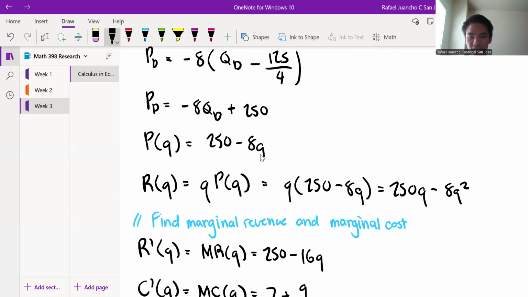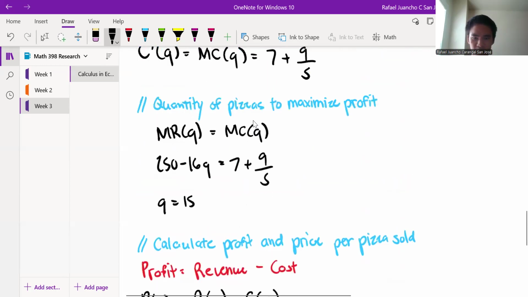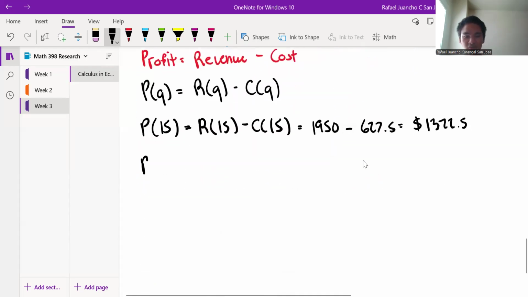Yeah, so I can use my price function here to get the price per pizza sold. I want to use my P of Q. So I just plug in. Oh, I have two P's here.